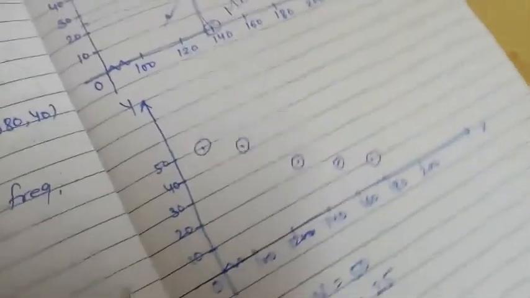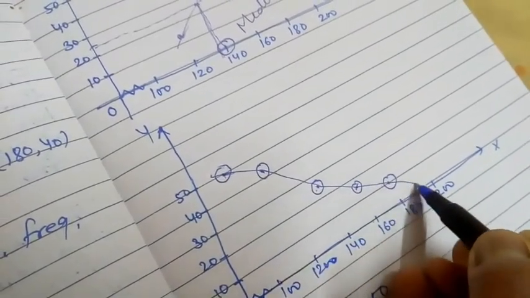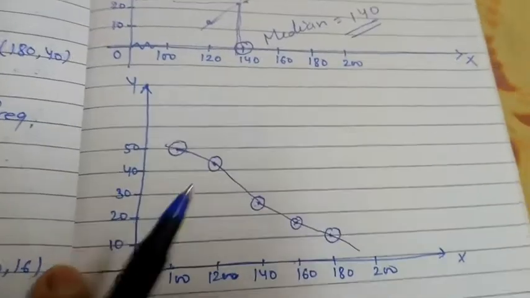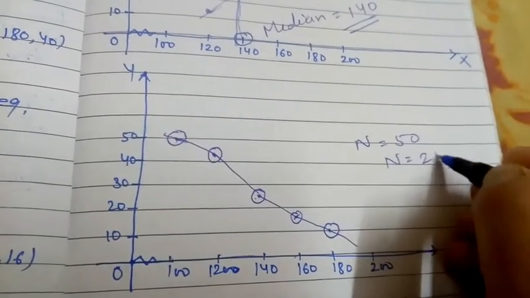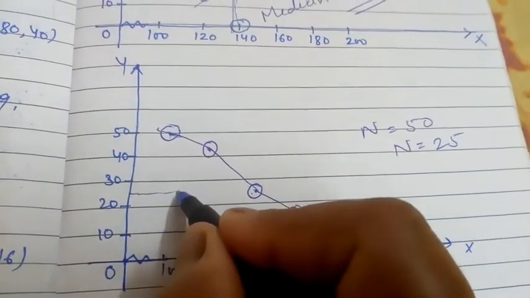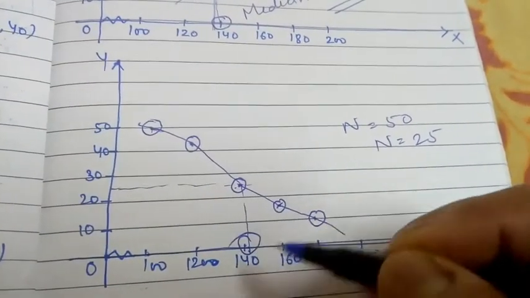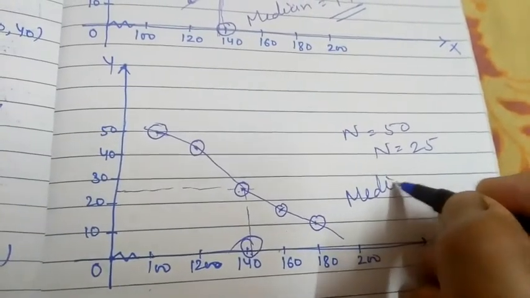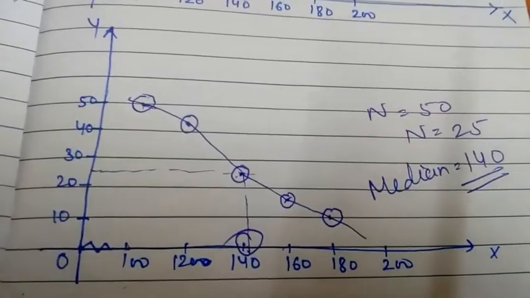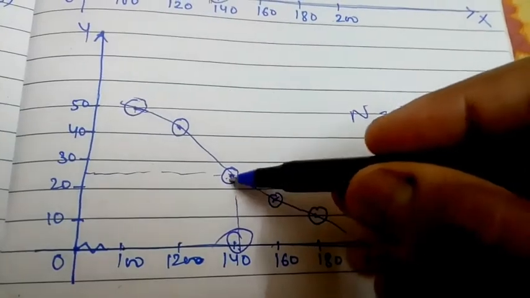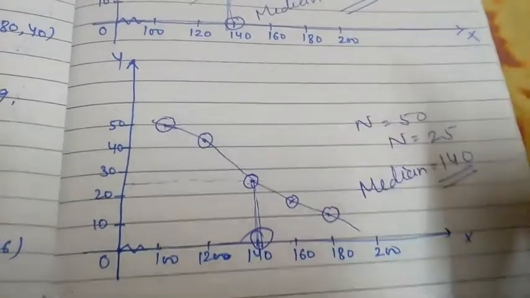By joining these freehand, you get the curve. For the median, n is 50 and n by 2 equals 25. So taking 25 here and plotting on the graph, we get the median here as 140. This is rough; if you plot on graph paper, you will get the right answer.